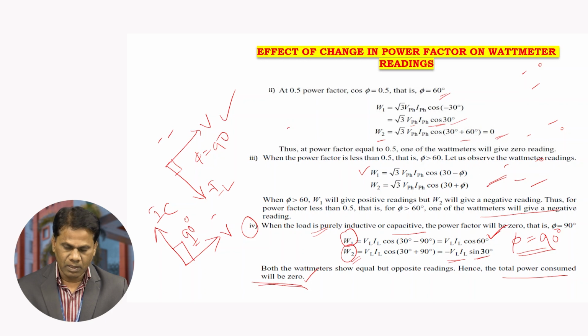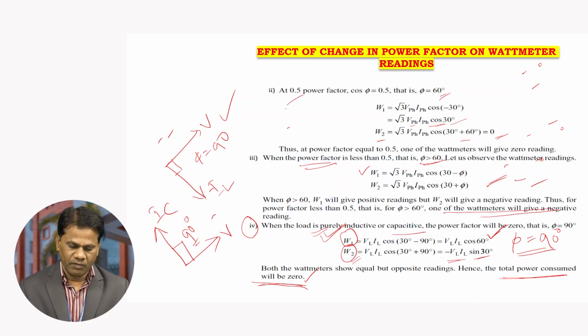So these are the four different cases, different changes in power factor. What will be the wattmeter readings, and how do we take values of power? For a purely inductive and capacitive load, the total power consumed as read by the wattmeters is equal to 0. When the power factor is less than 0.5, that is phi greater than 60, one of the wattmeter readings is negative.